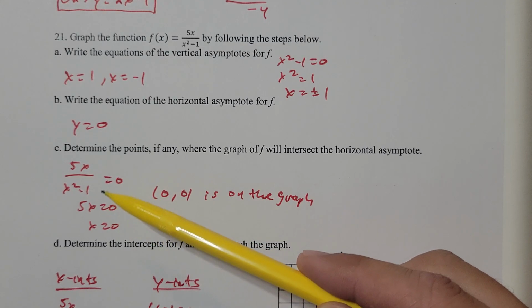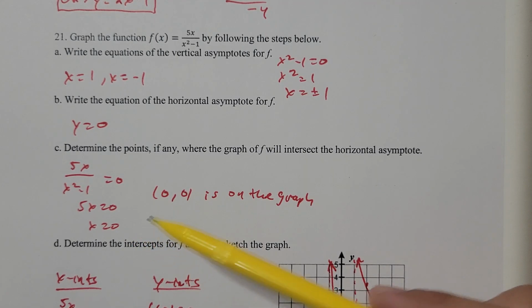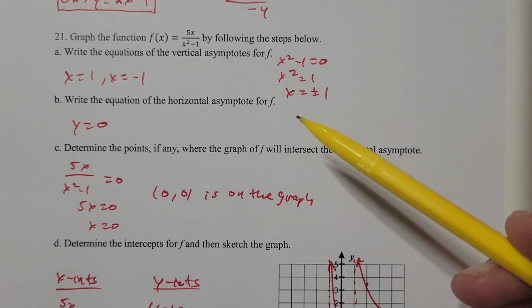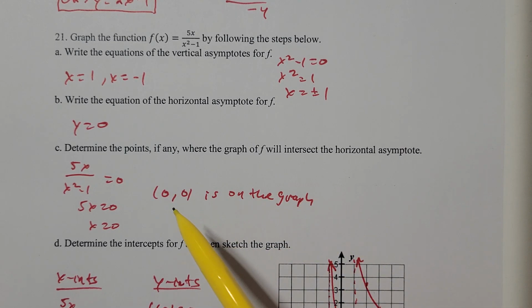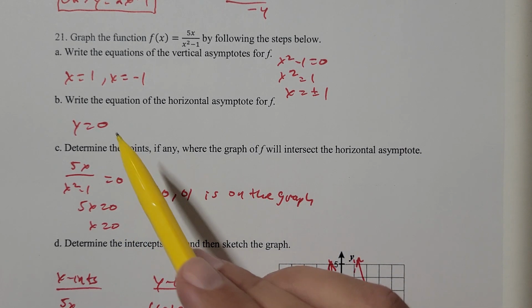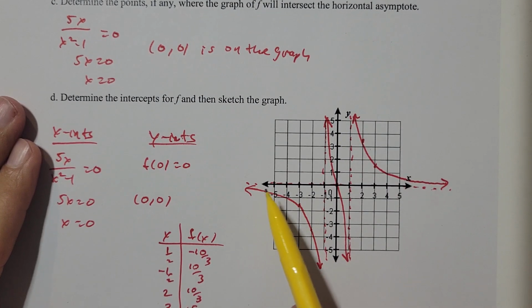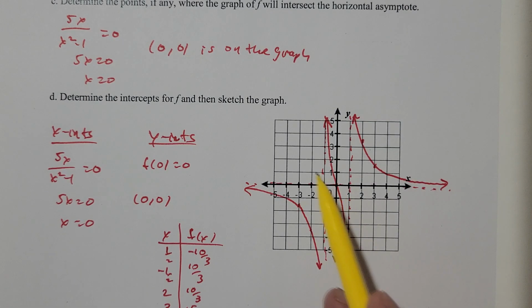If I multiply both sides by the denominator, 5x equals 0, then divide by 5, x is 0. So this graph will cross the horizontal asymptote. That's going to happen one time when x is 0 and y is 0. So even though I've got a horizontal asymptote on the graph, I'm still going to want to make sure that 0, 0 is on the graph.